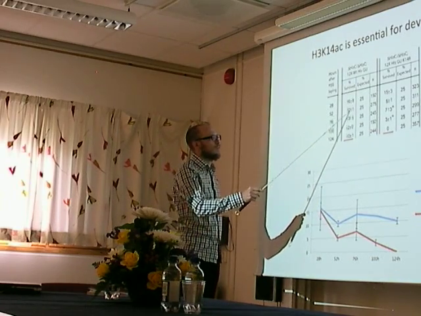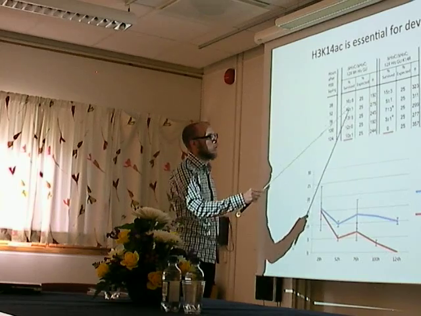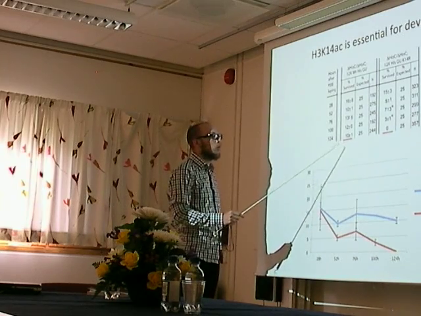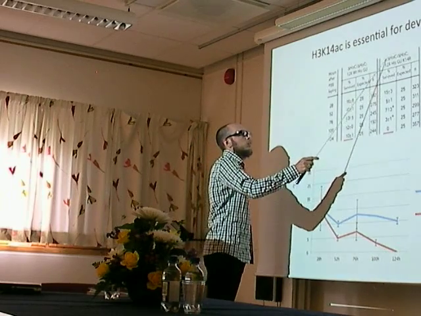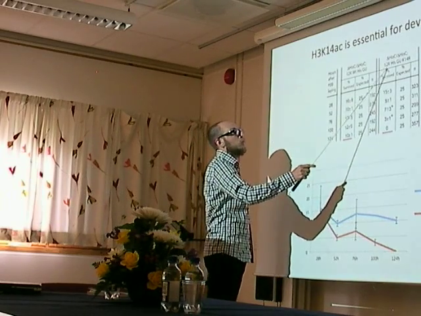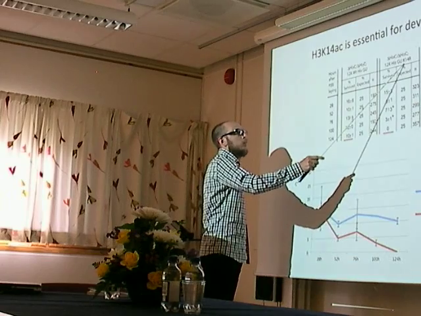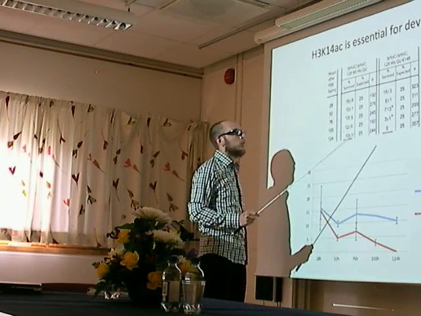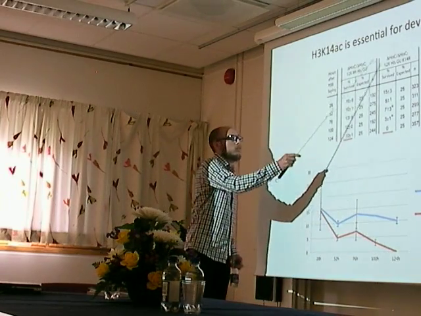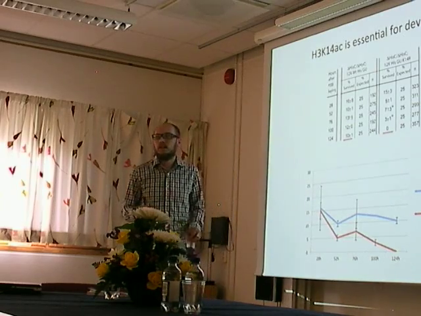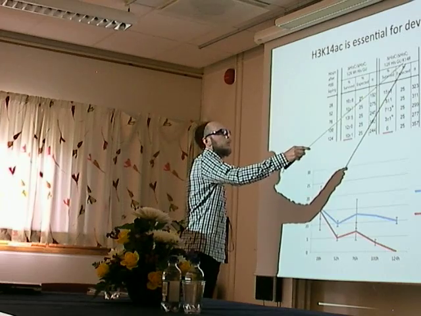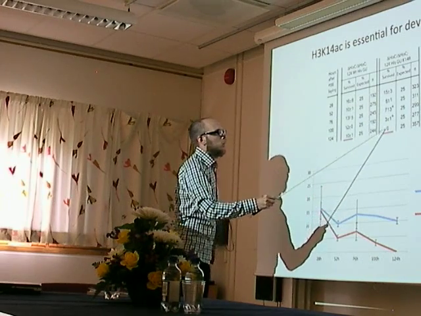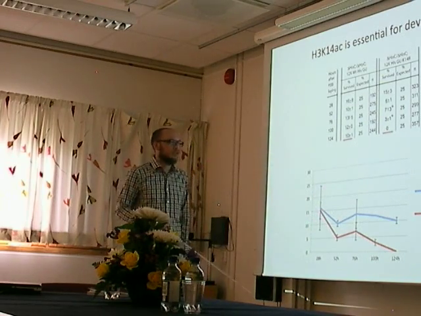Here we have the numbers of surviving individuals after 124 hours. These are flies that are homozygous for the histone deficiency and have 12 copies of the replaced histones that have K14R. So both of these different strains have no wild-type histones, they only have the replacement. And here, the larvae that have K14R do not survive after 124 hours.